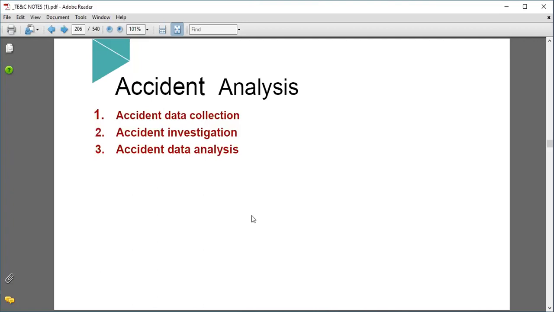All that information we have to collect for the analysis of the accident. Based on this data collection, we make the investigation. And after the investigation, we move towards the accident data analysis.